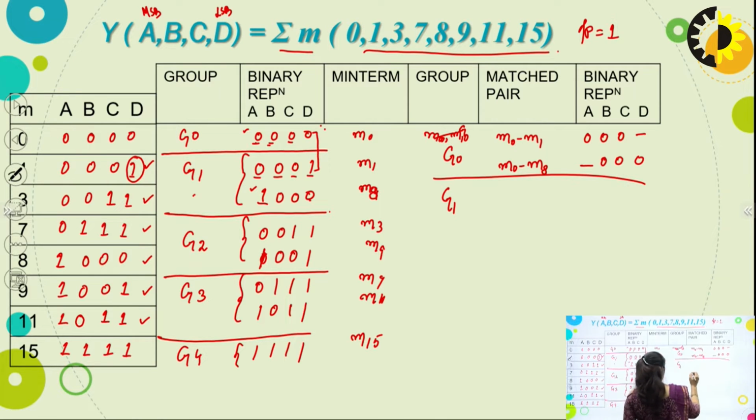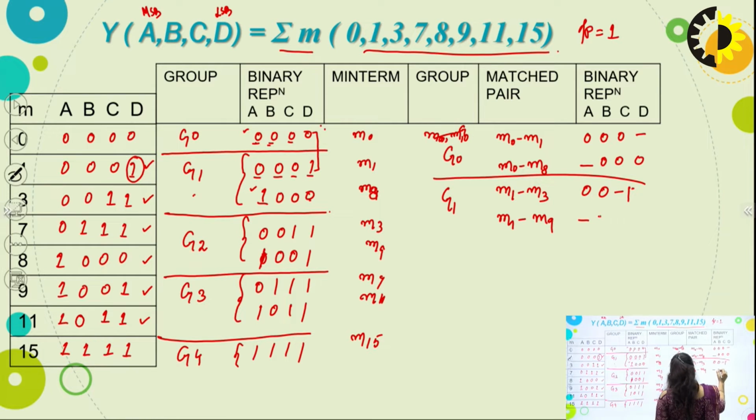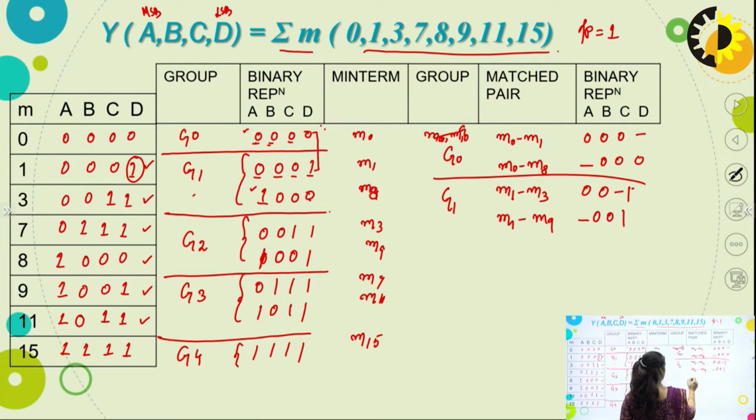So M1 and M3 compared, we will have 0, 0, C is removed, and then 1. Next, M1 and M9 will be compared, and we will have A removed, 0, 0, 1.